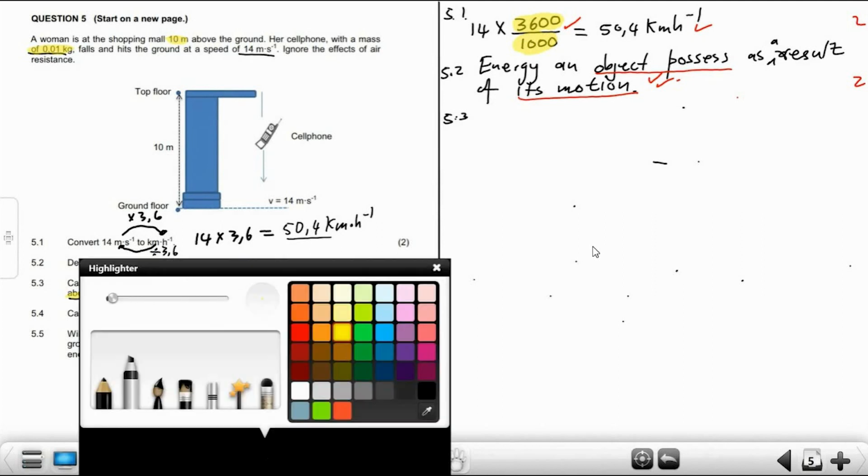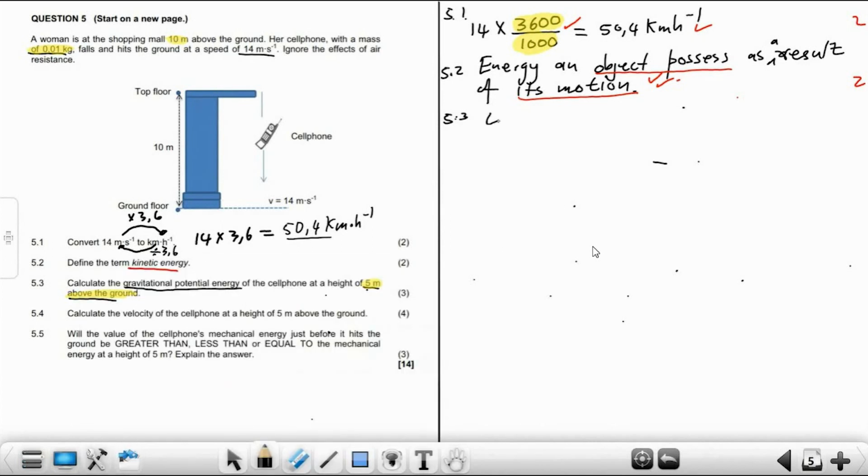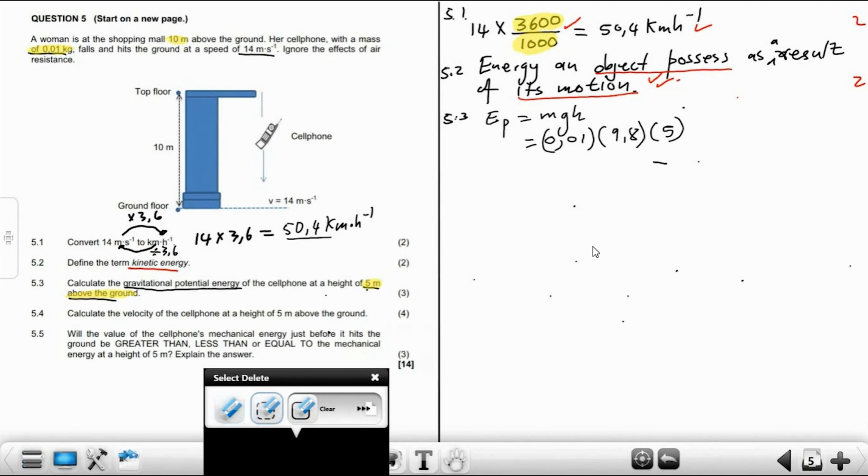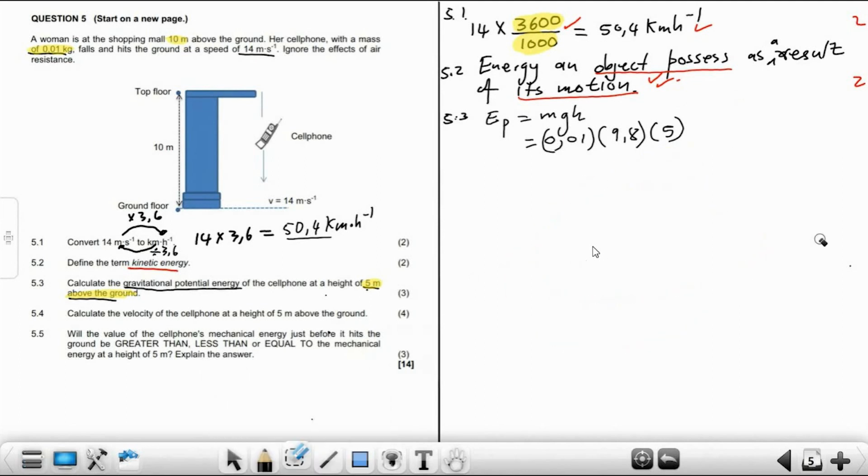So it's easy. We start by writing down the formula, which is EP is equal to mgh. Then I have my mass, which is 0.01, multiplied by 9.8, multiplied by 5. So remember, our height must always be in meters.